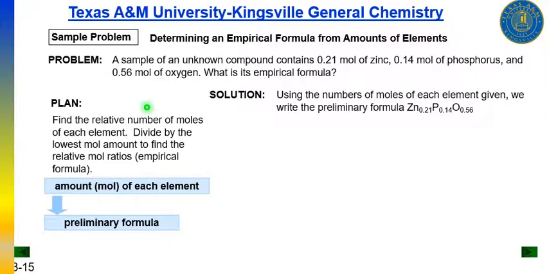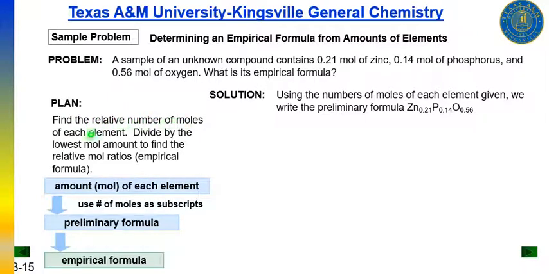Our plan: you find the relative number of moles of the elements, 0.21 for zinc, 0.14 for phosphorus, and 0.56 moles for oxygen. And then you divide by the smallest number of moles, such as 0.14, to determine a relative whole number. If it's not a whole number, you convert it to a whole number by multiplying by an integer.